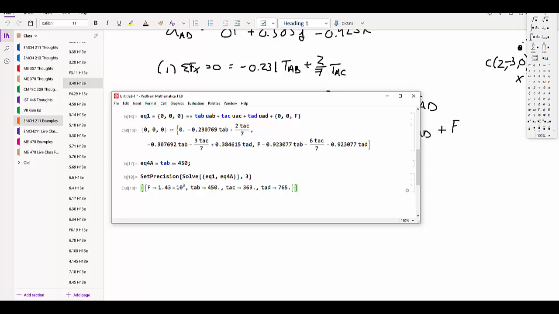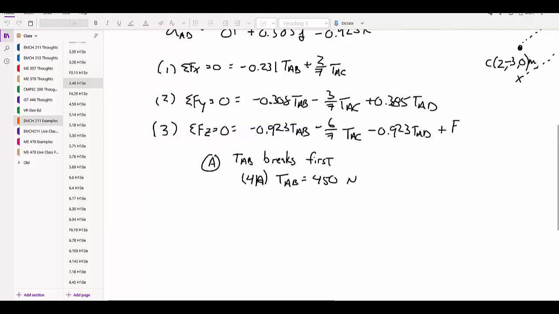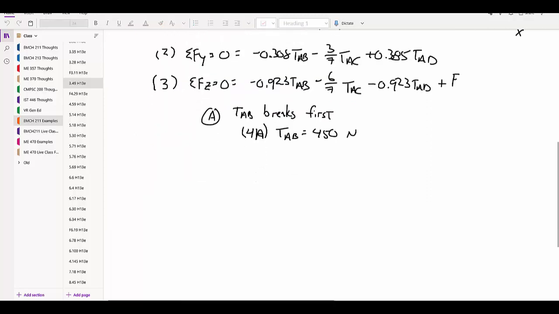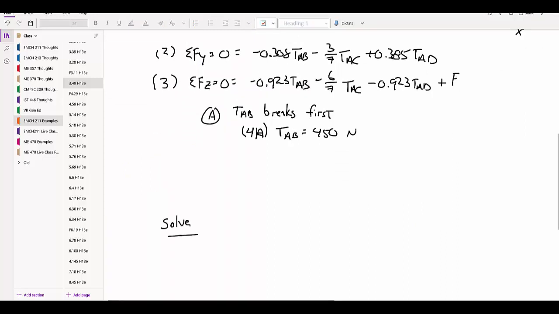So let's just see what we have here. So TAB is 450. Well, that better be the case because that was this condition. We were assuming TAB failed first. However, if we look at the results here, TAD comes out to 765. So let's write that down as what happens when we solved for situation A. I'll just write down that result, 765 newtons.